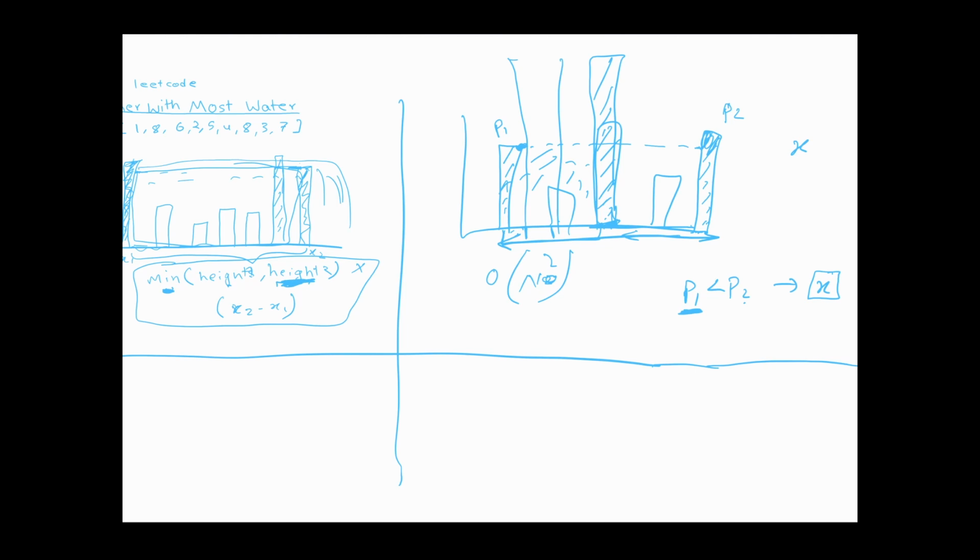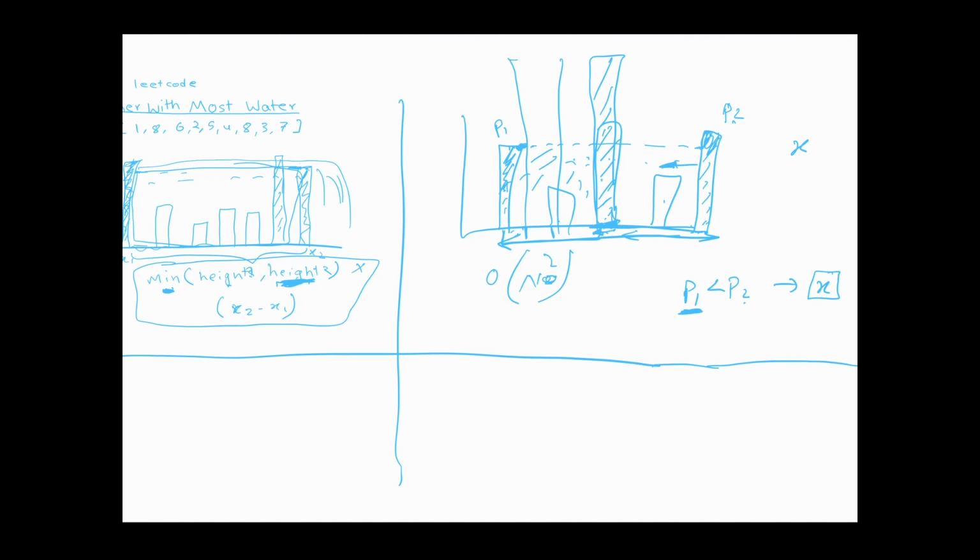In that case, there is a possibility that you will find a bigger container which holds more water, right? So we will use this analysis to write a more efficient solution, which we can do in order of n time.